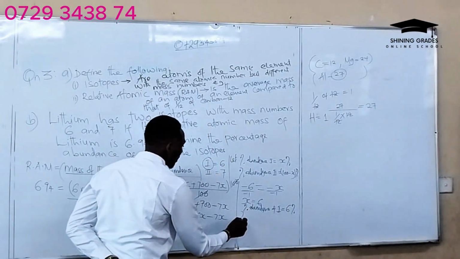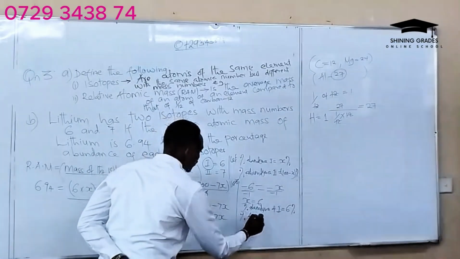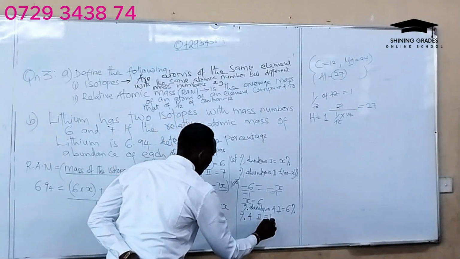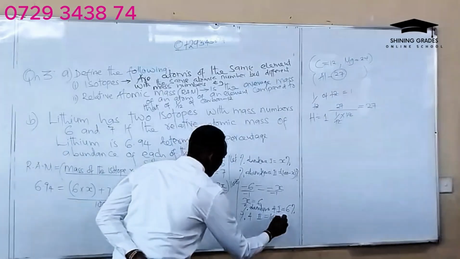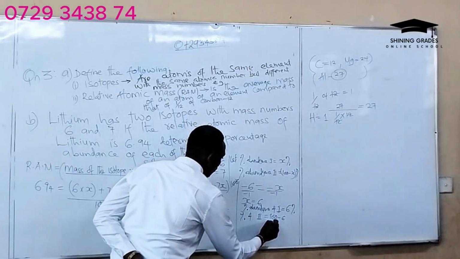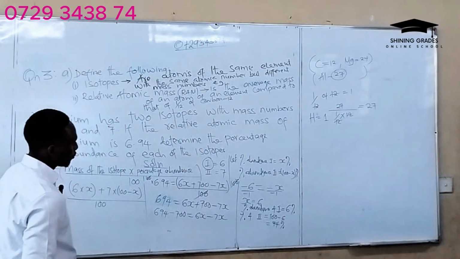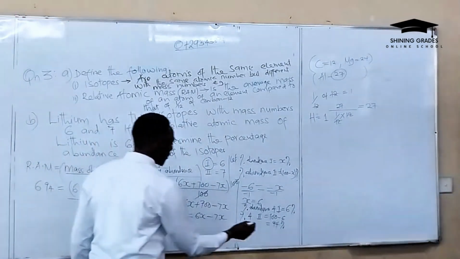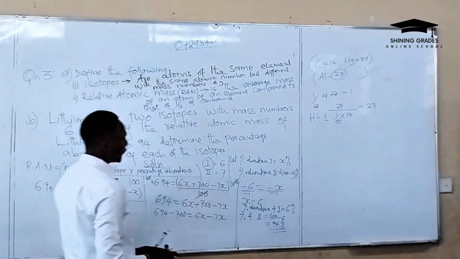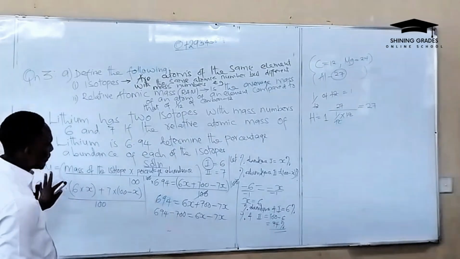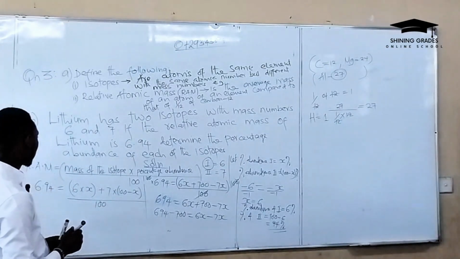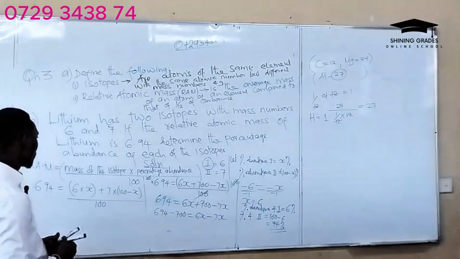So the percentage abundance of isotope 2 will be 100 minus 6, which will be equal to 94%. And through that, we have worked out the percentage abundances for the two isotopes.